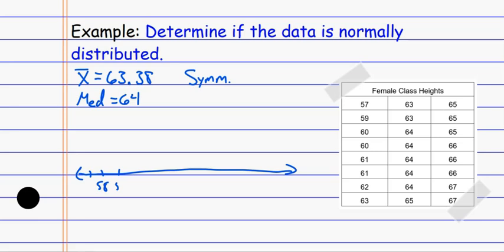I'm just going to label every other so these aren't running together like that. Oh, I went too far. That's okay. So let's see, 58, 60, 62, 64, 66, 68. There we go. And so let me go ahead and do my dot plot.